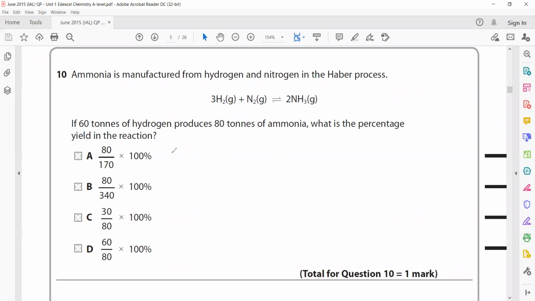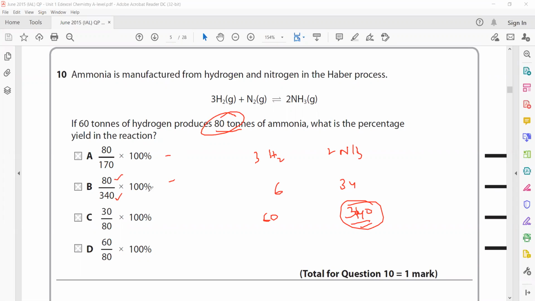So either A or B will be the answer. But how do we work out the theoretical value? The ratio of the masses is 6 and 17 multiplied by 2, 34. So 6 is to 34. If it is 60, then it will be 340 tons. That is the theoretical value. So theoretically we should get 340, but practically we are getting 80. So the practical value divided by the theoretical value times 100 will give us the percentage yield.